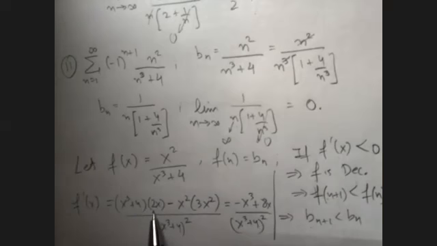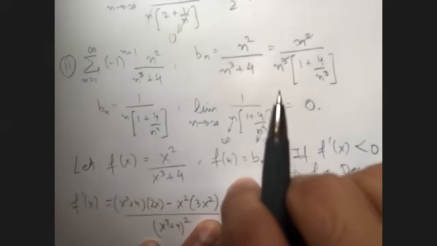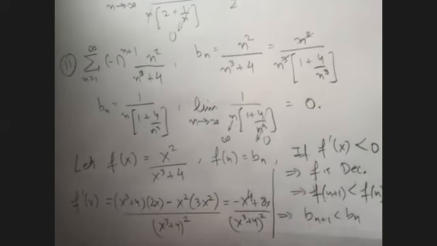This term gives you 8x, 4 times 2x. And then you have 2x times x cube. So it should be x4, not cube. So 2x times x cube gives 2x4 minus 3x4.